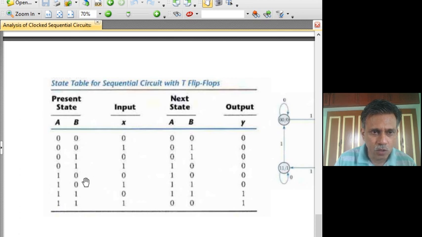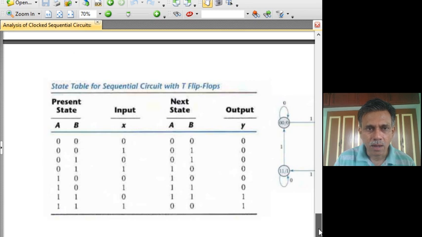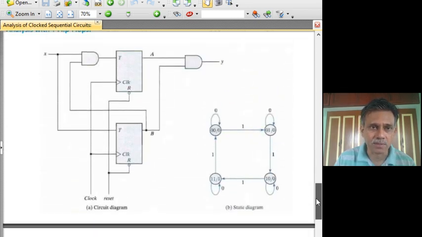Here the 0 is copied. Then X is 1, so you flip the 0 and put a 1 here, and this X is 0, so you copy this 1 to this place, and because X is 1, TB is 1, and this 1 is flipped and written as 0 here.